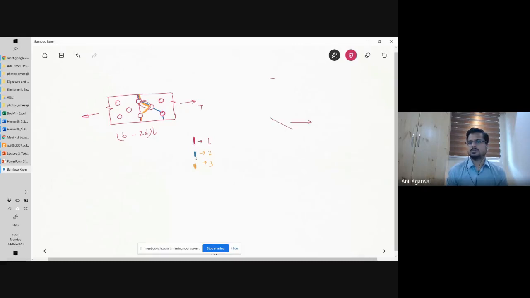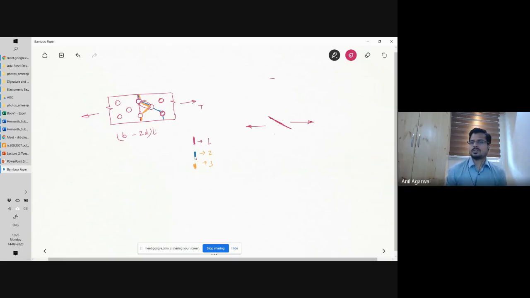The rupture path may be inclined with respect to the load path. They are not exactly perpendicular. It is some shear, some tension combined. If this is the rupture path, then there will be some shear stress also on this axis. Fine. So in that case, what is the capacity?